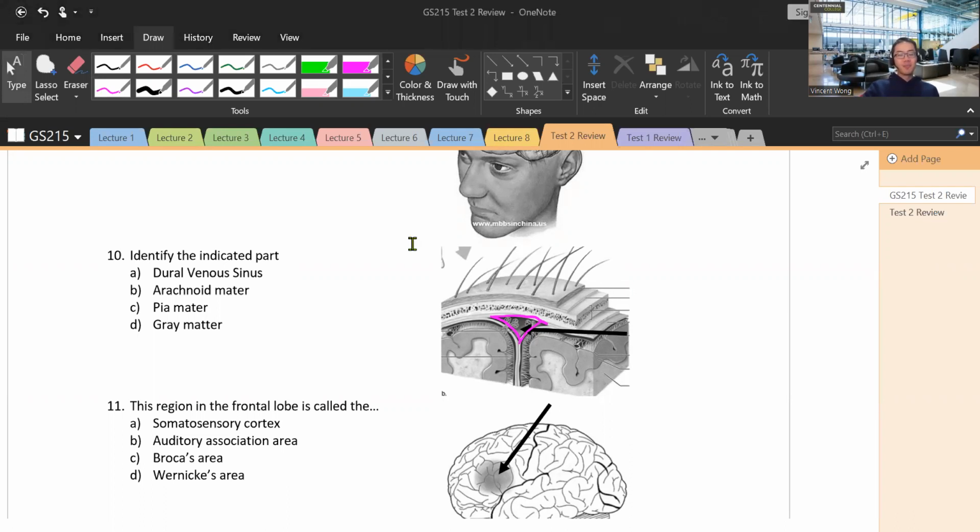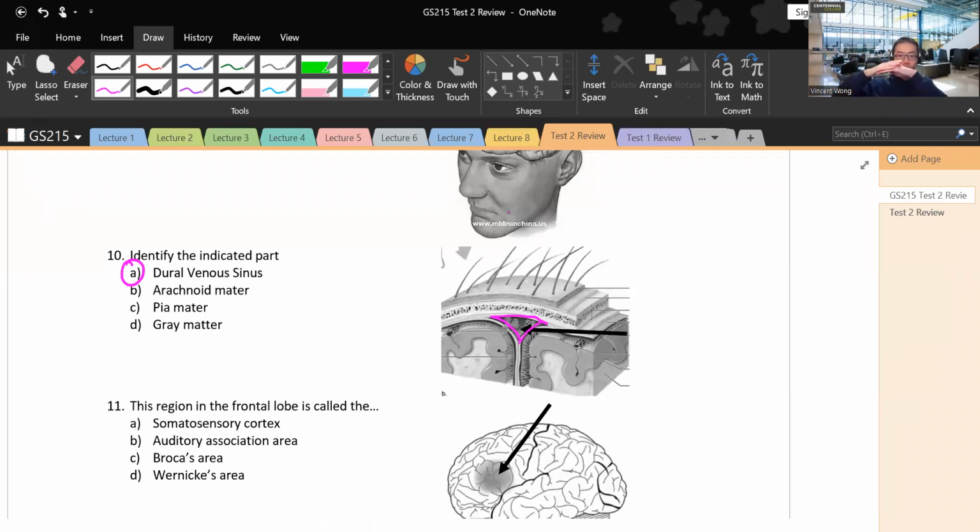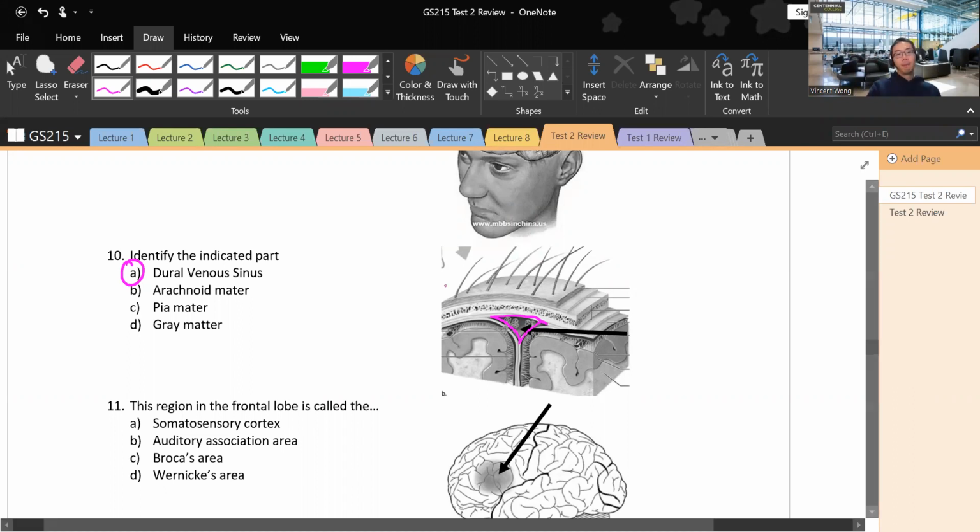I expected a lot of people wouldn't remember this, but you do. That's great. That is the dural venous sinus. It is formed by the dura mater. The dura mater is normally fused together, two layers, but then it opens up along the center here, and it creates a dural venous sinus. And this is where you drain excess CSF.